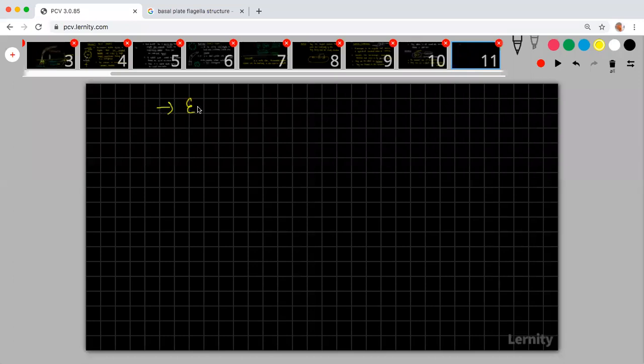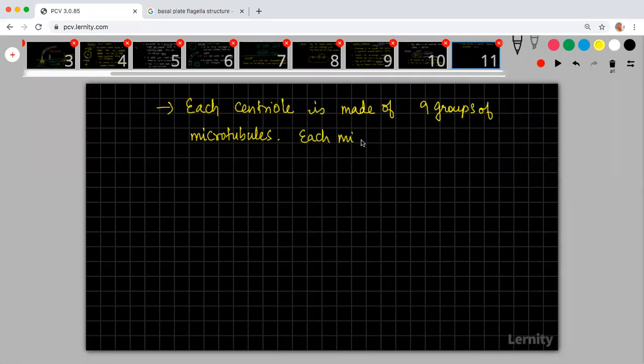So each centriole is made of 9 groups of microtubules. Each microtubule group is a triplet.